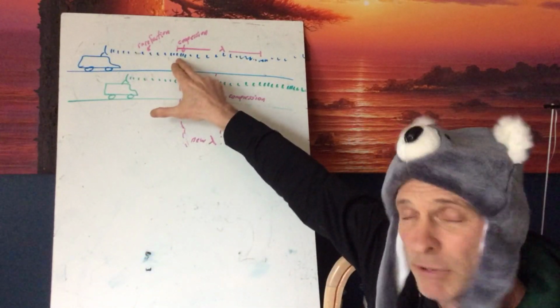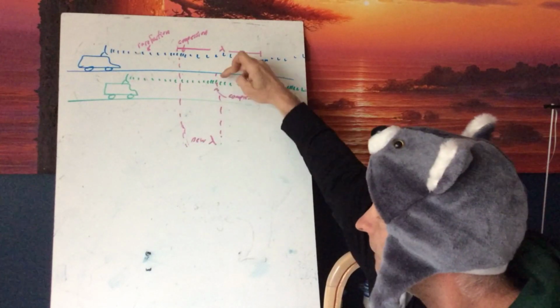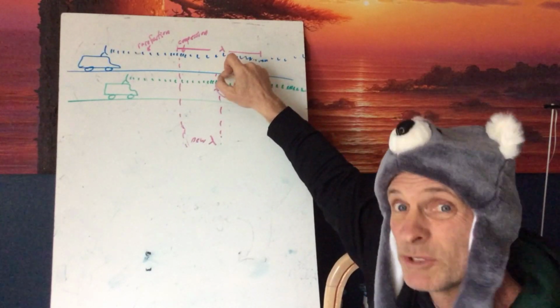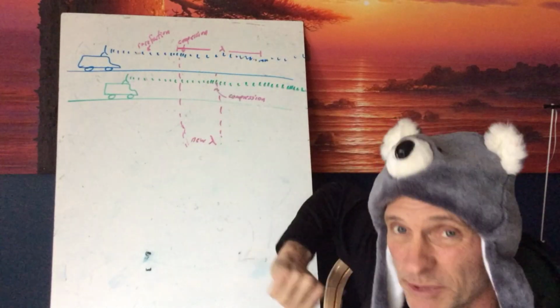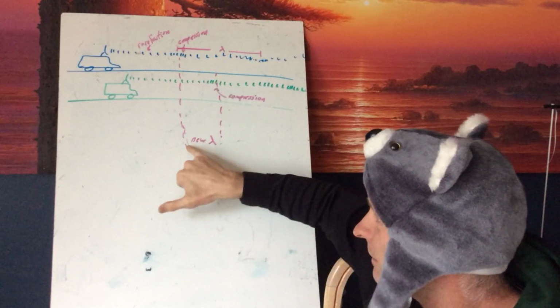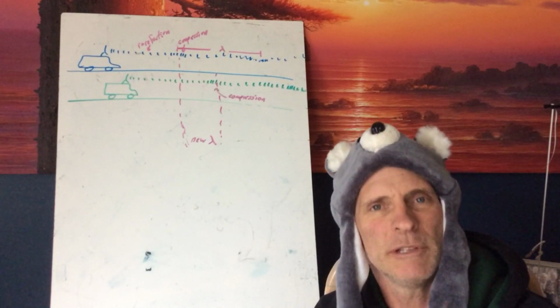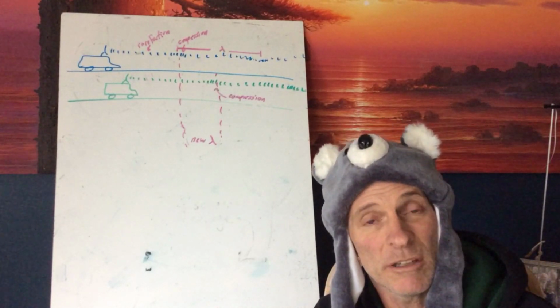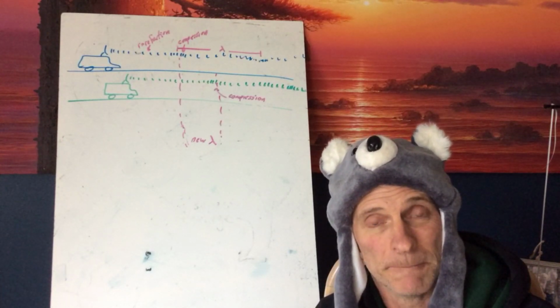Now, if I take the compression in the blue, which was emitted a few moments ago, and the compression in the green, which was recently emitted by the same vehicle, and take the difference between those two, you've got a much smaller distance. That will become the new lambda for somebody who hears these wave fronts crashing up against each other.